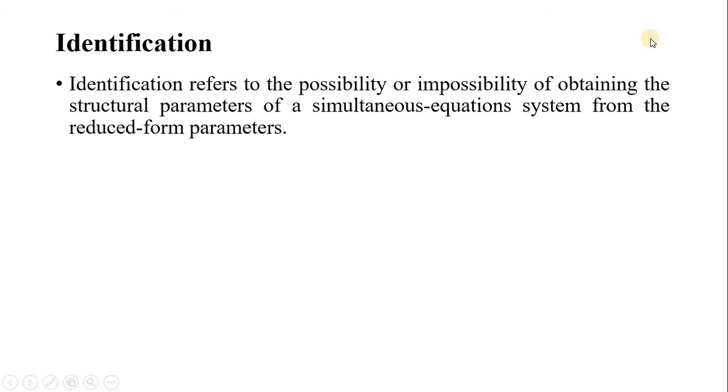We have learned about the structural model, structural equation and reduced form equations. Identification refers to the possibility or impossibility of obtaining the structural parameters of a simultaneous equation from the reduced form parameters.